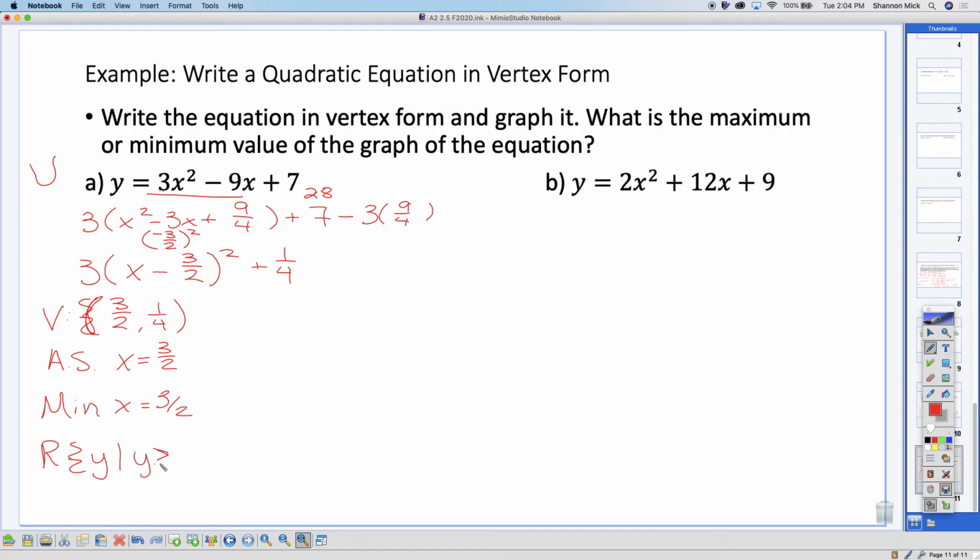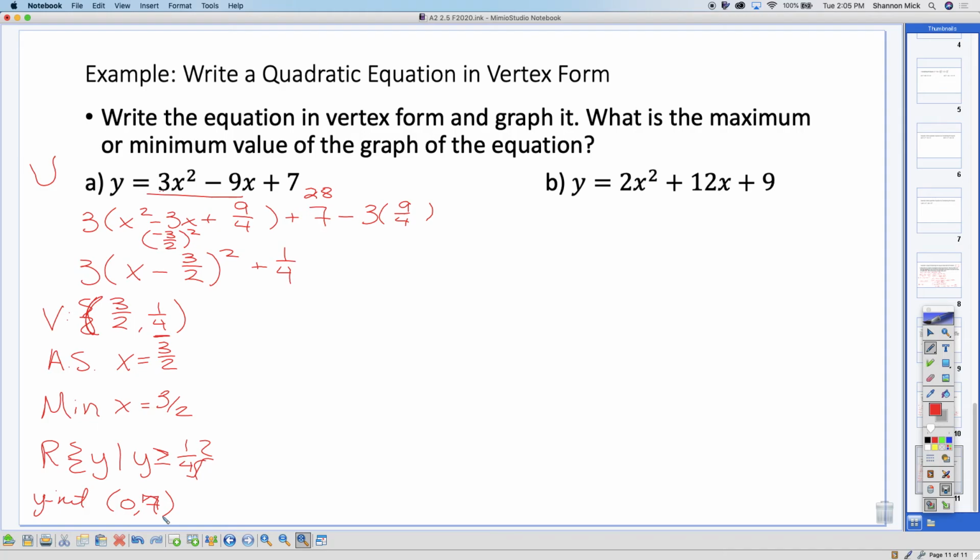And where do I get my number? From the vertex. The y-intercept is what? 0, 7. Now, the vertex goes to 3 over 2, 1/4. So it goes right and up and opens up.